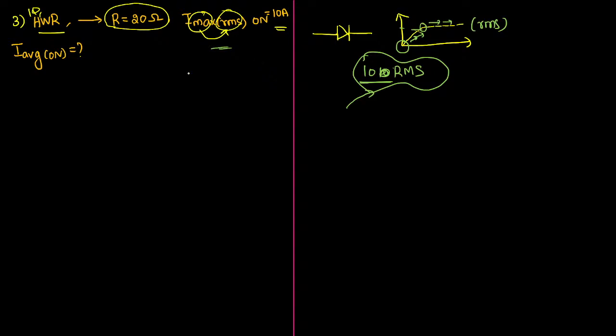Then what is the average value of the on-state current? Take your time, drop your answer in the comment section. You can take 2 to 3 minutes as usual. Do it fast.